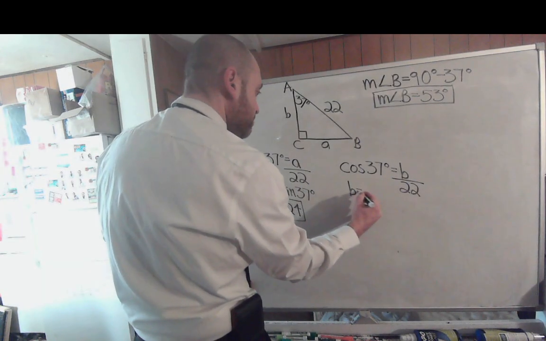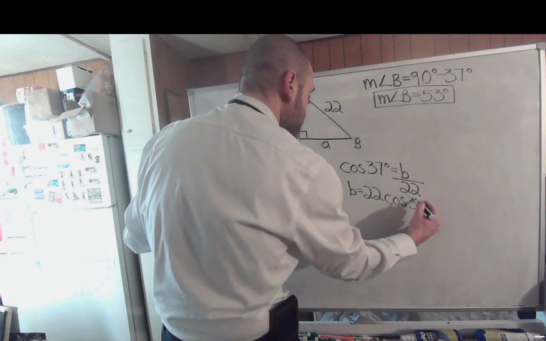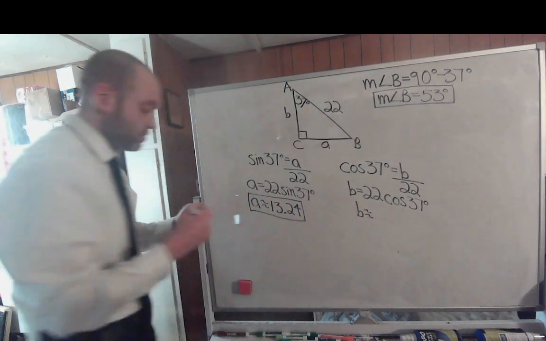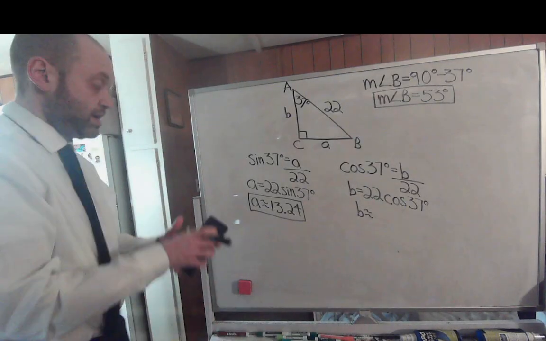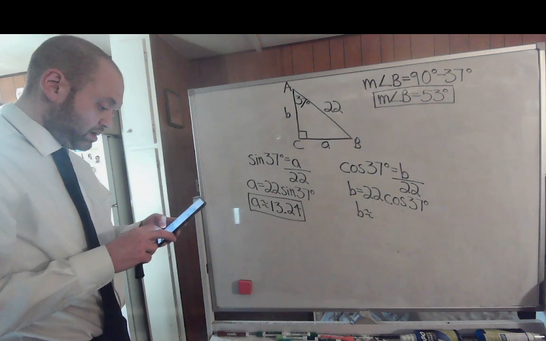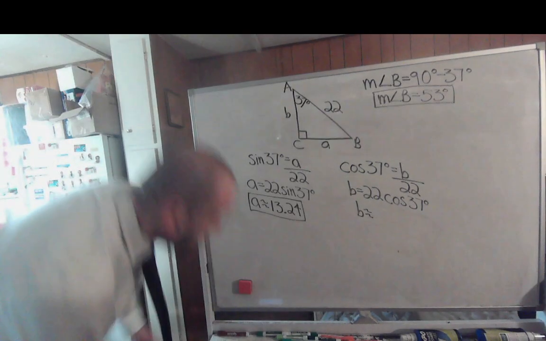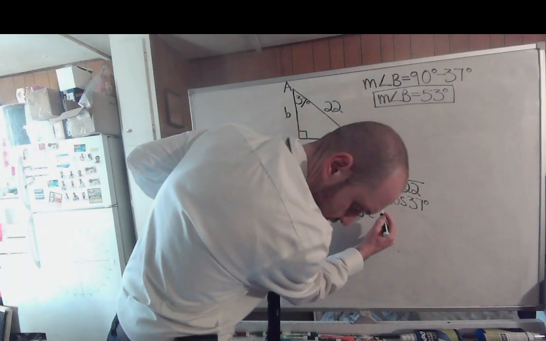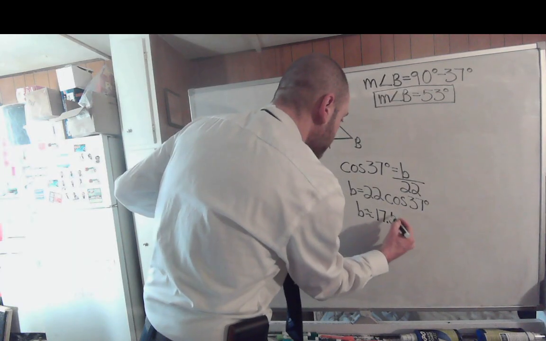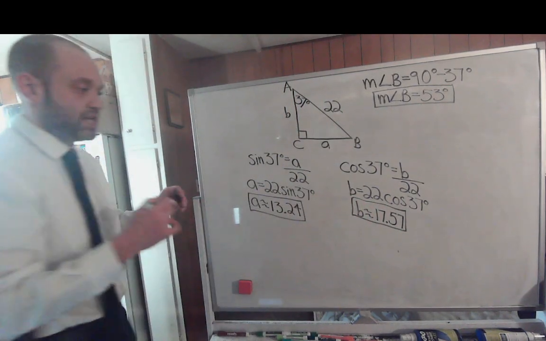So B would equal 22 times the cosine of 37 degrees, which now we can get a 3 decimal approximation for side B. So let's go ahead and do that here. You get about 17.57. So B has a length of approximately 17.57. That's about what you would get for side B.